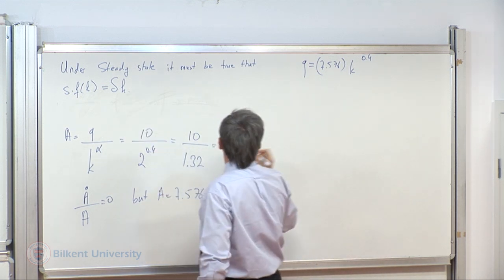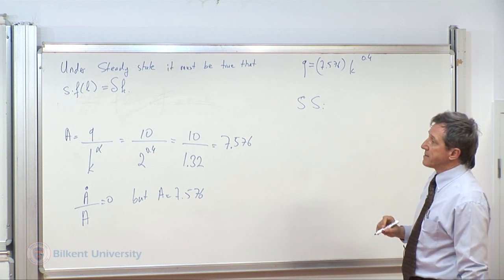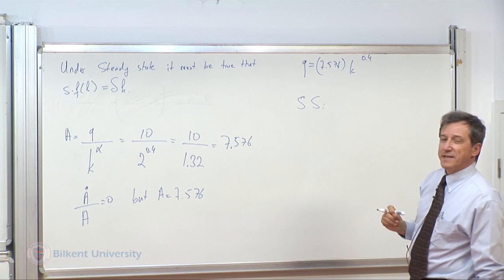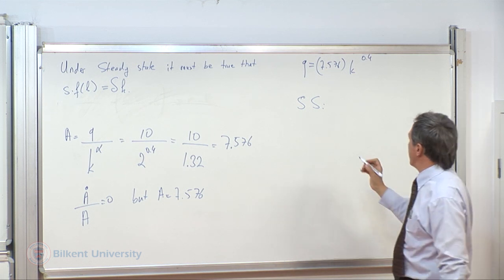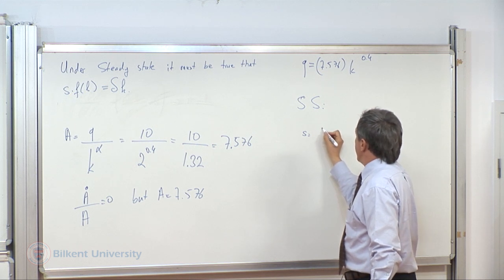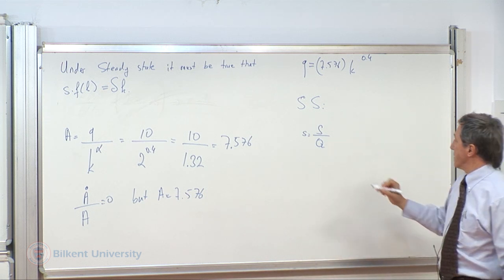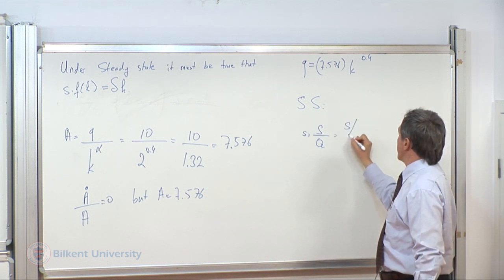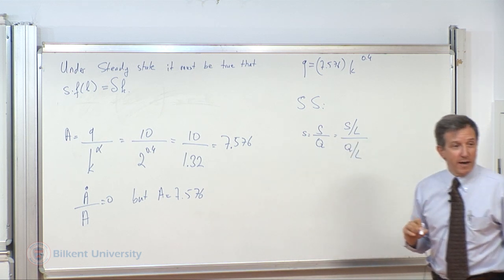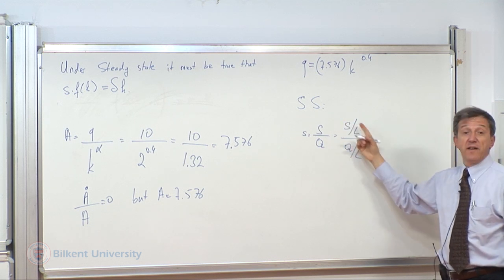So let's impose this under the steady state. Little s. Good question. What is little s? S is total savings per labor divided by Q per labor. Do I know total savings? Or do I know savings per labor?